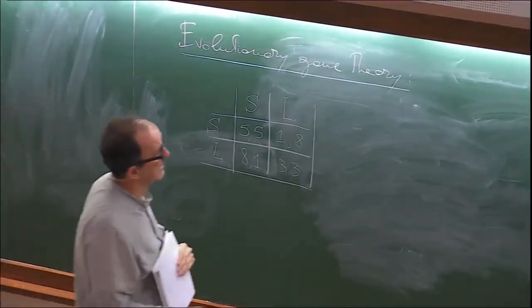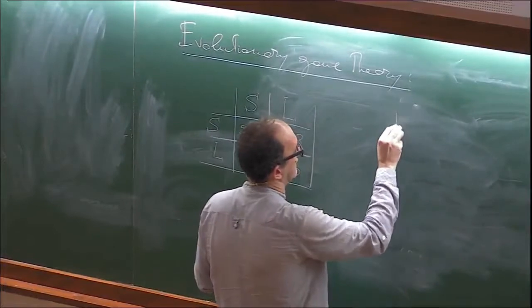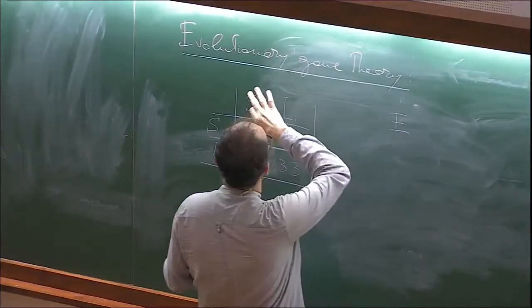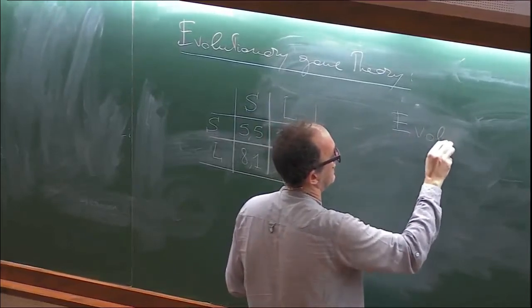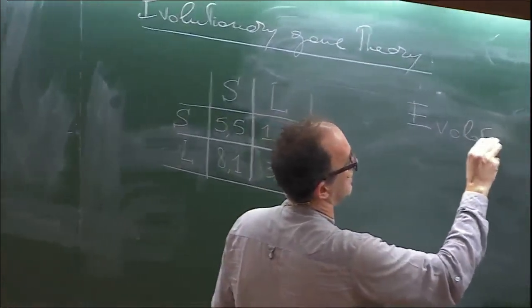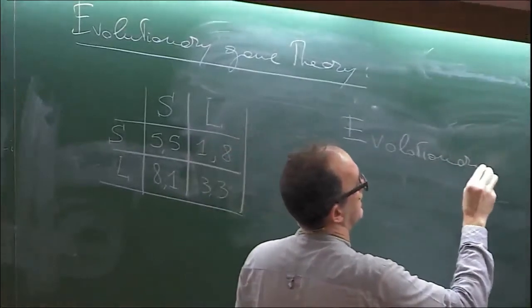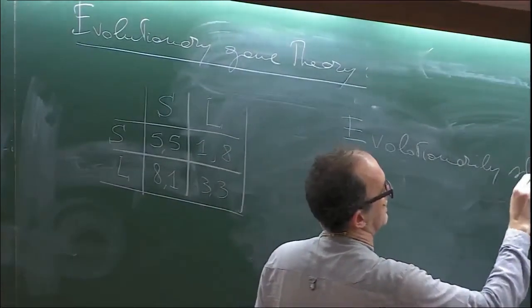And so one thing that you introduce in evolutionary game theory is what is called an evolutionarily stable strategy.